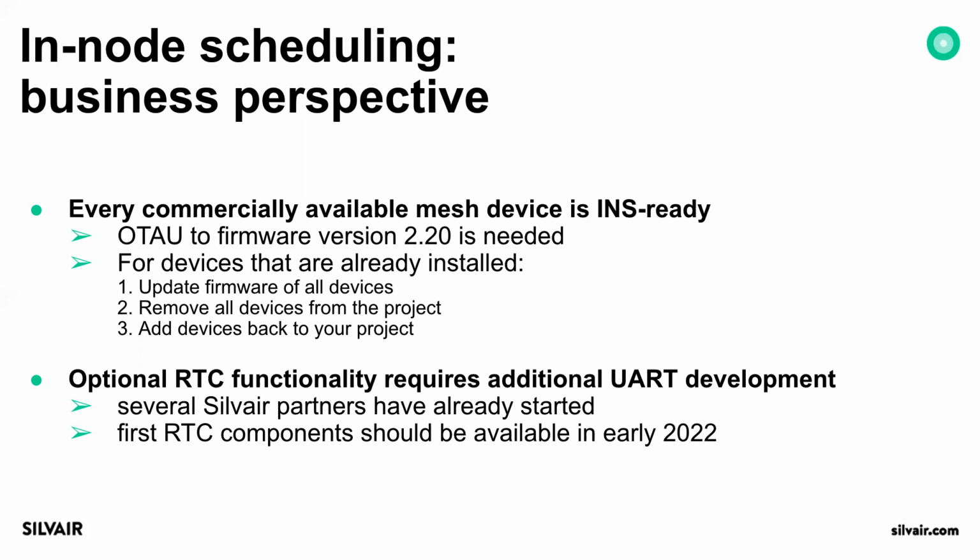the optional RTC, a real-time clock device, because it requires additional development. Once we released 2.20, we know that several of our partners have already started this development. So somewhere early next year, first components should be commercially available on the market.